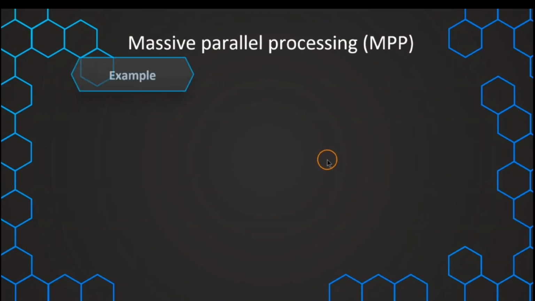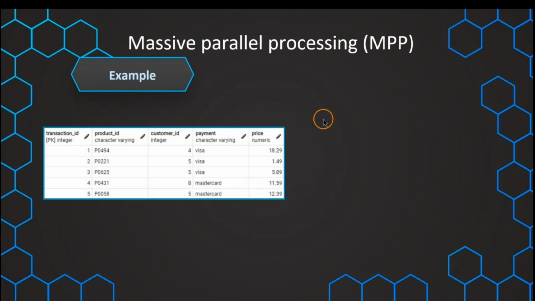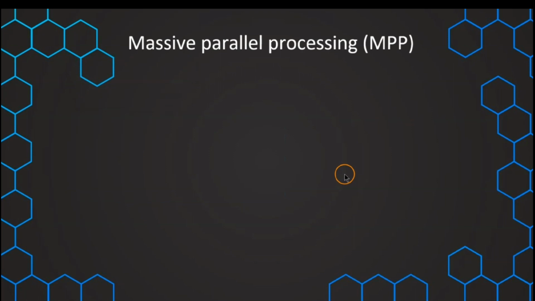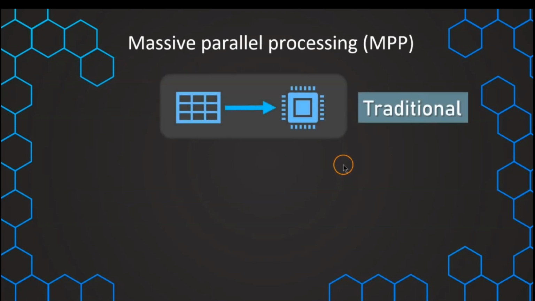So to understand that, we want to have a look at a simple example. Let's assume we have some table and we want to get this table returned. So we just run a query against our database system, and then this is basically a task that needs to be processed by the database. So this is the traditional way.